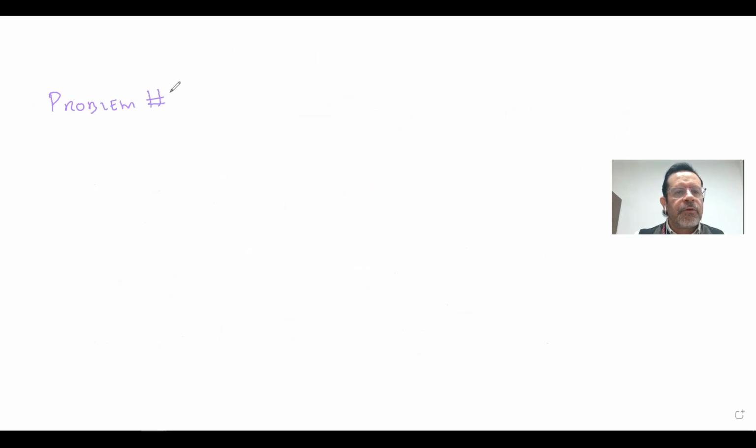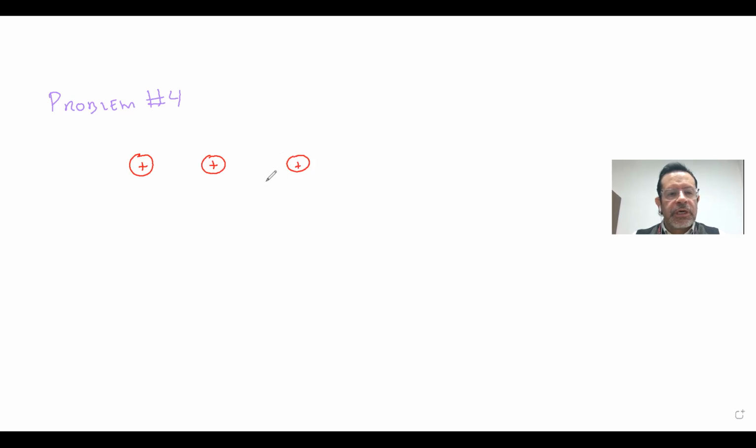Problem number 4. I'm going to go a bit quicker on this one because we already know what we're talking about. In this case, we've got 3 charges and the 3 of them have the same sign, right? The 3 of them are positive. Okay. So the situation we have is that we've got a positive charge, another positive charge, and another positive charge.